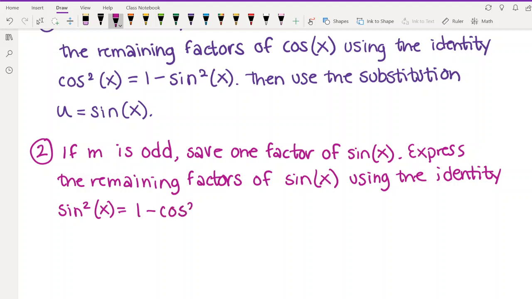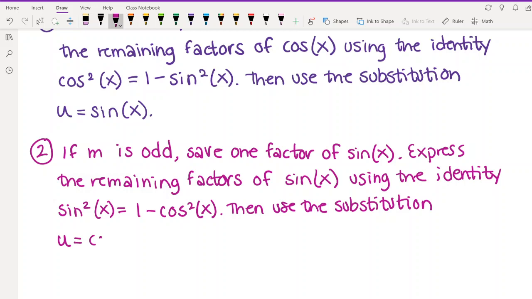So we're translating our sines into cosines. And then we're going to use the substitution, this time you would be letting u equal cosine of x because you're translating everything into cosine of x.